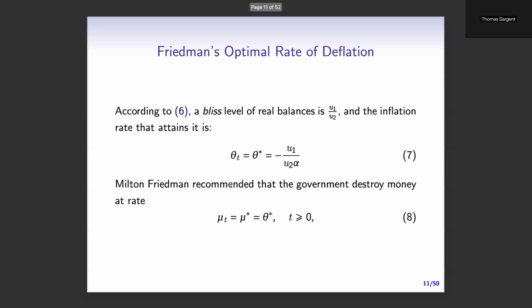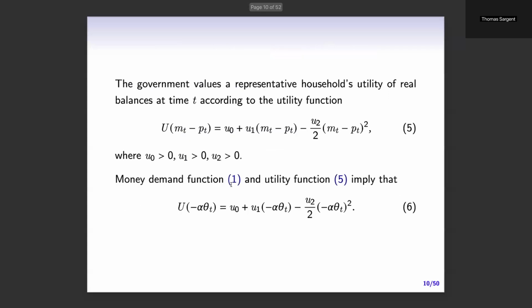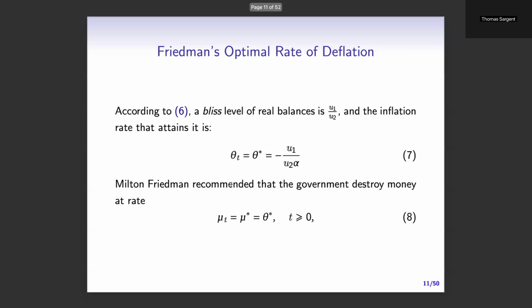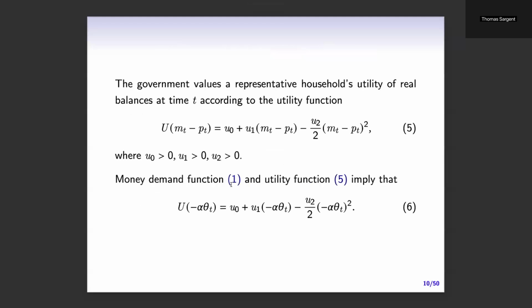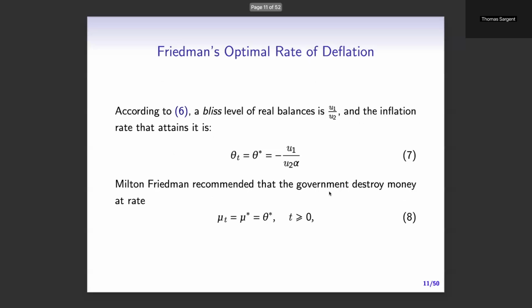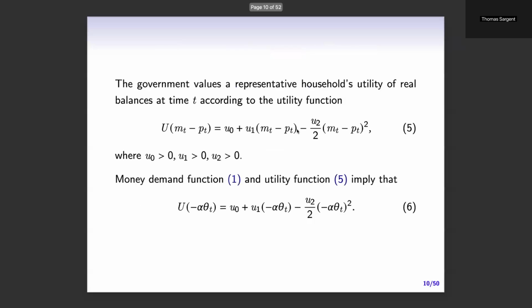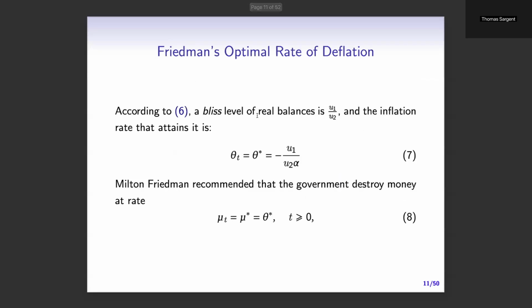Notice the following thing. We could have a little fun with this model. According to this criterion function, this utility function that we made up for the representative consumer, we could compute what Milton Friedman would do, which is the bliss level of real balances, because this is a specification where, because it's quadratic, there's a maximum to this utility function, and associated with that, there's a maximum utility-maximizing inflation rate.